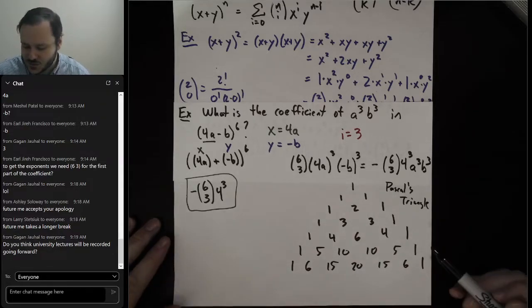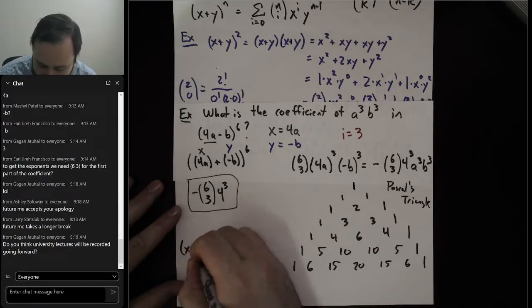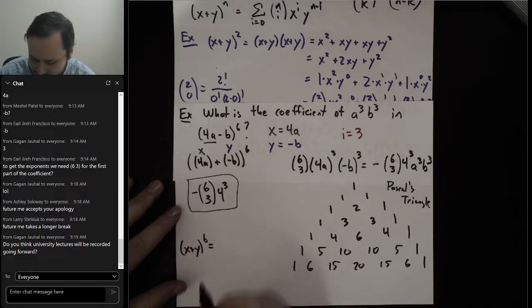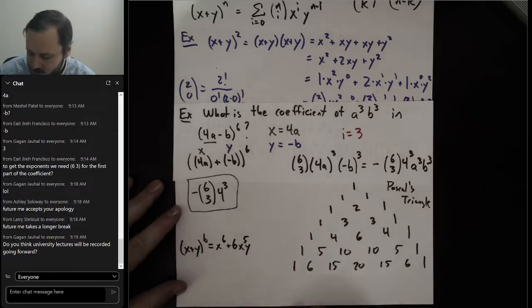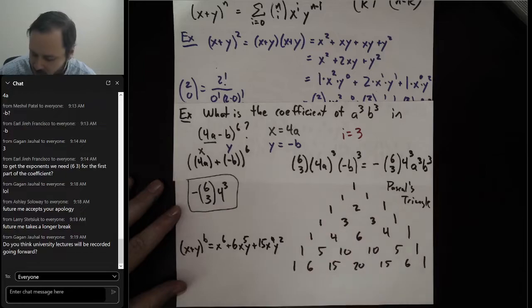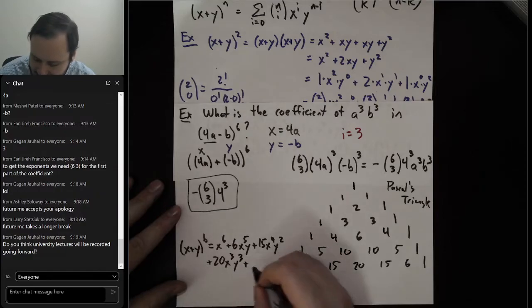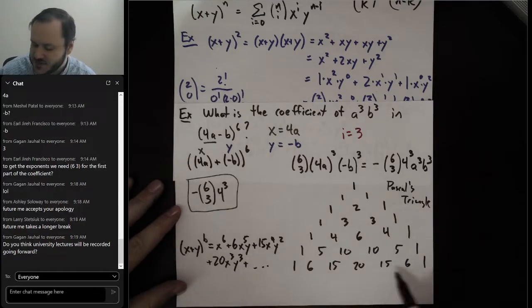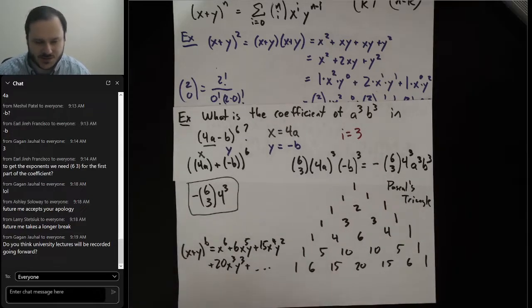You've got some symmetry going on, but also (x plus y) to the 6th power is x to the 6th plus 6 x to the 5th y plus 15 x to the 4th y squared plus 20 x cubed y cubed plus blah, blah, blah, 15, 6, 1. You can use the triangle to tell you these coefficients.